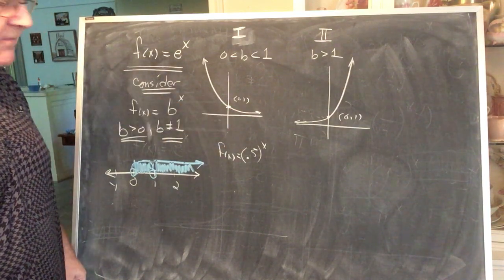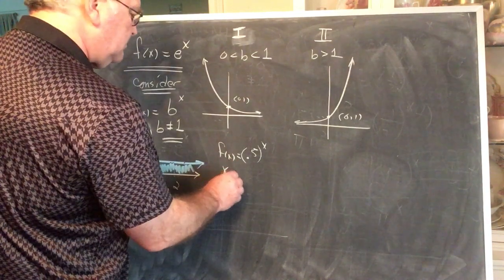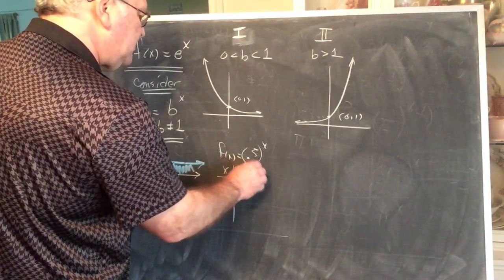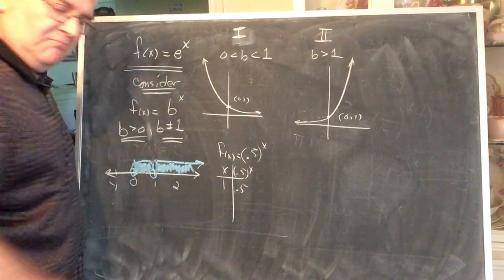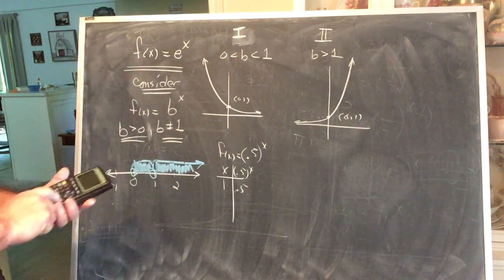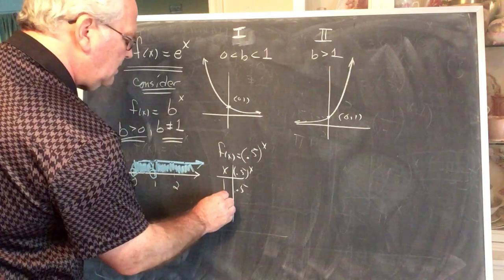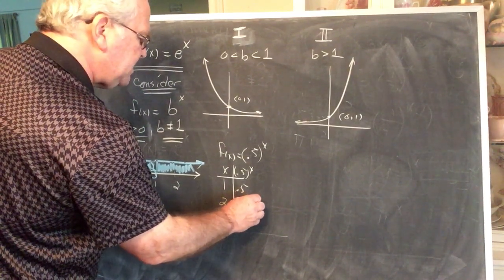All right? So if x is 1, 0.5 to the x is 0.5. But with my trusty, dusty calculator here, what is 0.5 to the second power?